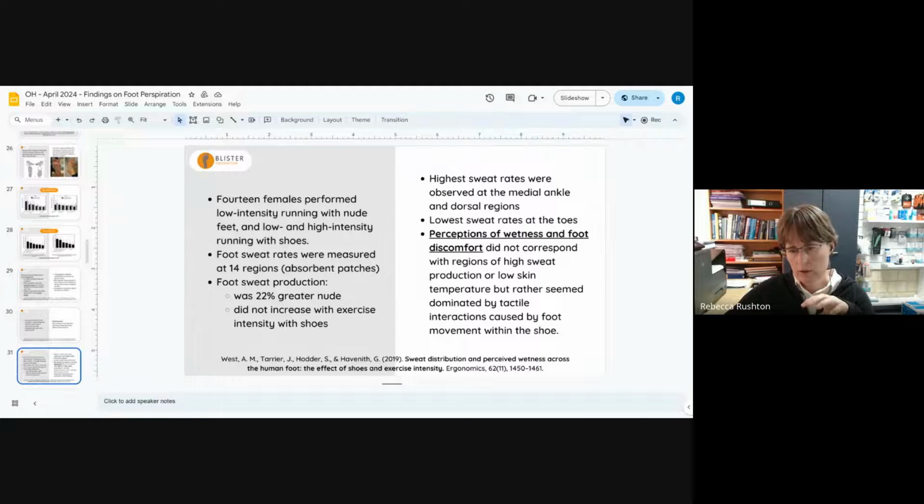You would think that low skin temperature would correlate with high sweat production, because the more it evaporates, the cooler the skin is, but rather seemed to be dominated by tactile interactions caused by the foot movement within the shoe. So it's like you feel more with the plantar surface than you do with the dorsal surface. So even though the dorsal surface is sweating more, you just feel it more on the plantar surface.